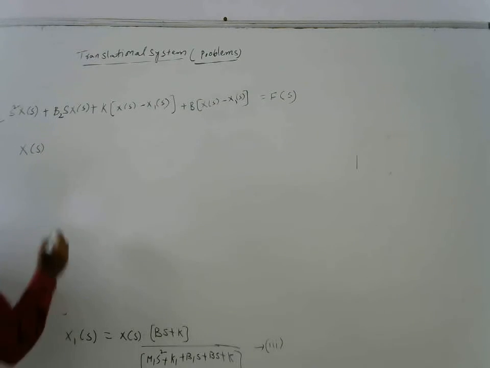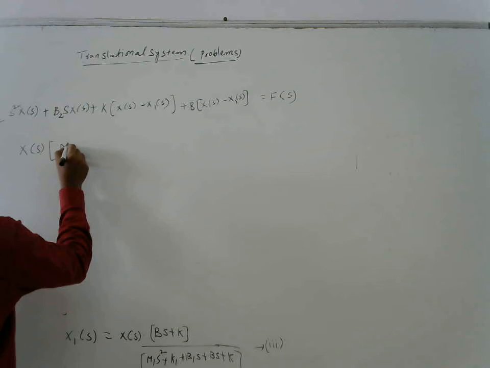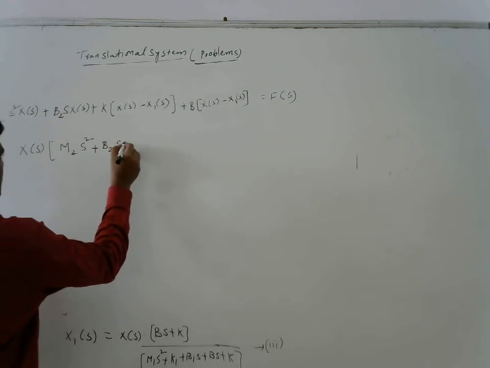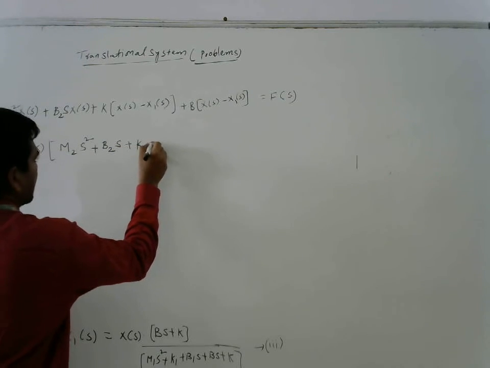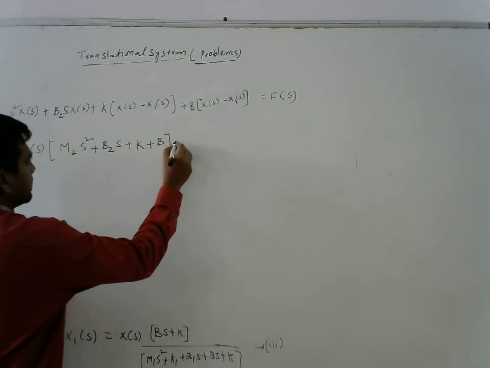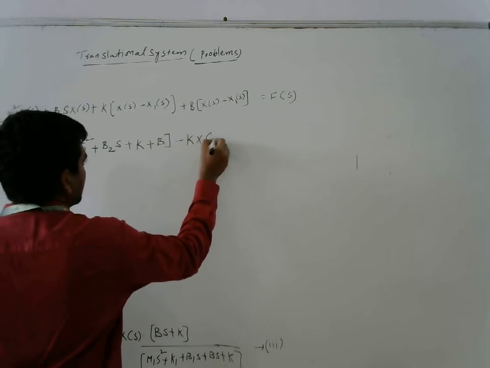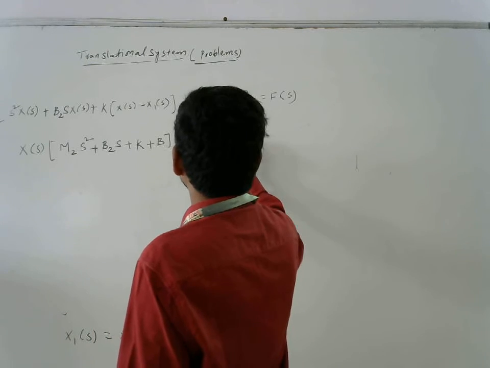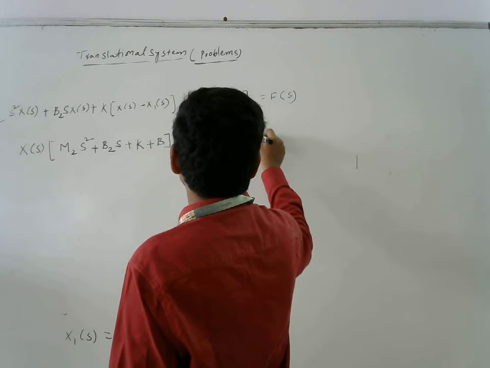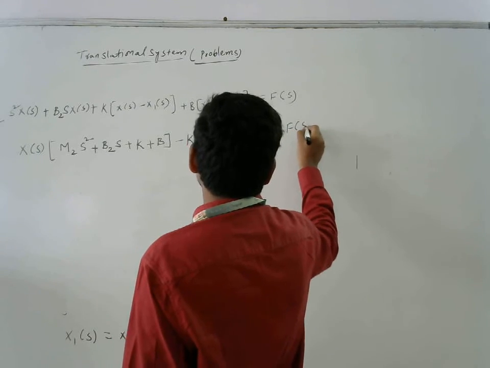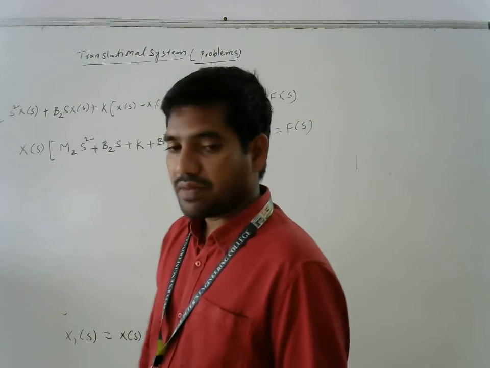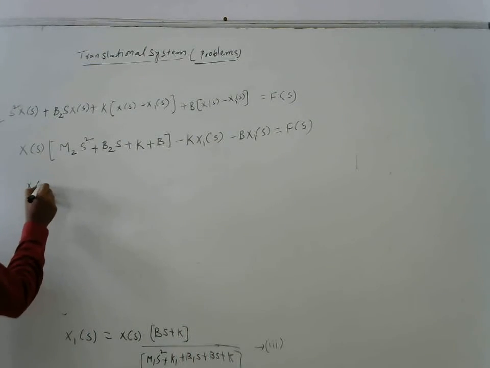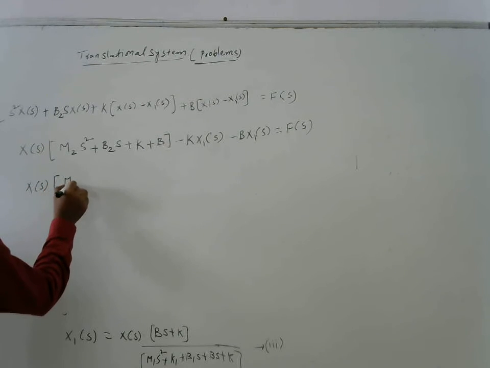Taking x of s common, we get m2 s square plus b2s plus k plus b minus k into x1 of s minus k into x1 of s minus b into x1 of s, which is equal to f of s. I have just simplified, that's it. I am not doing anything else.